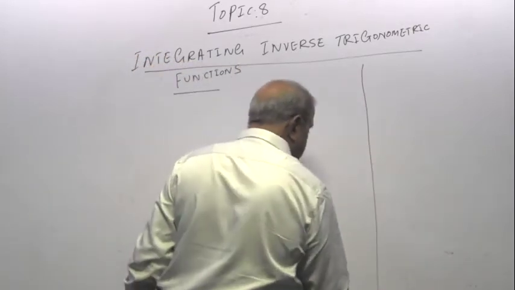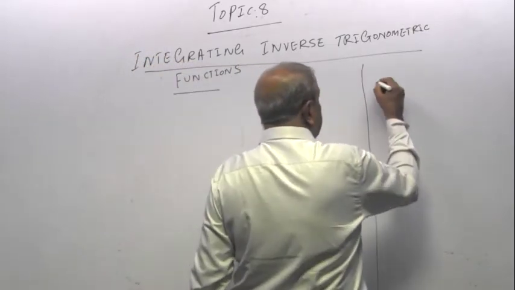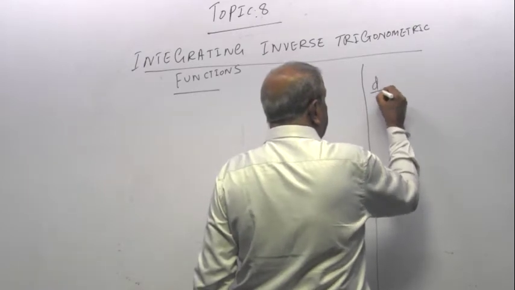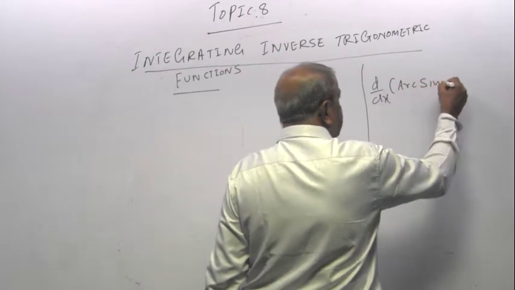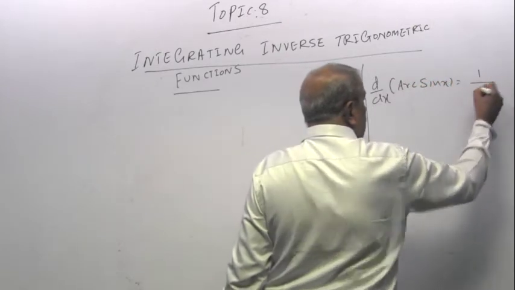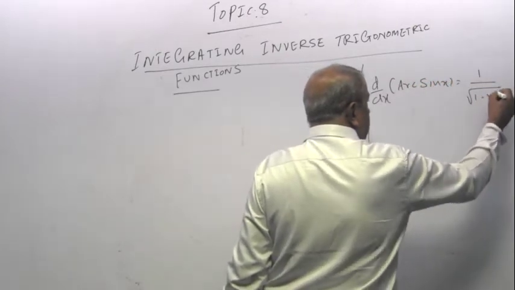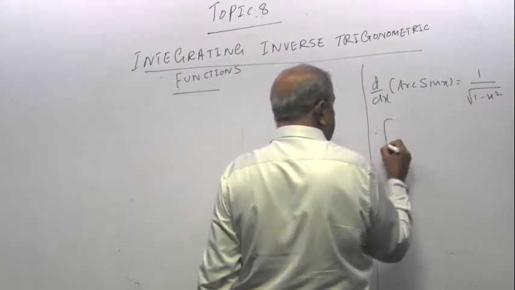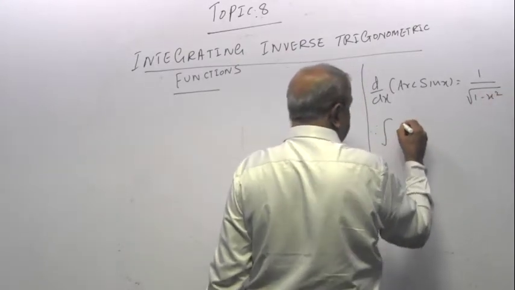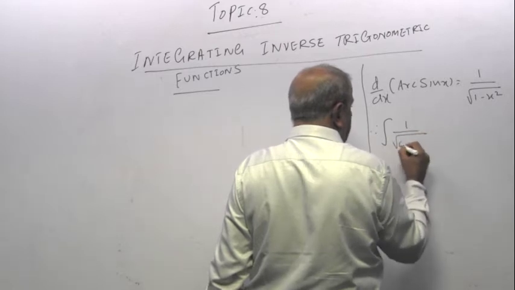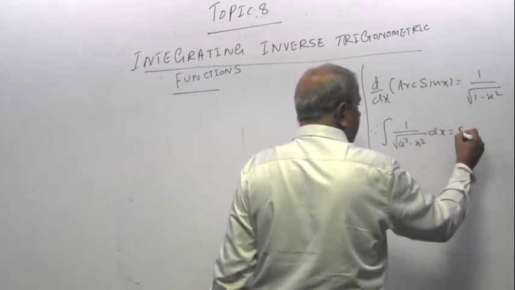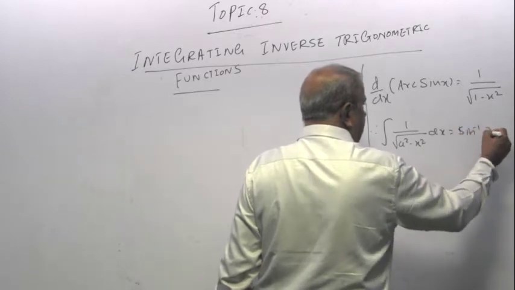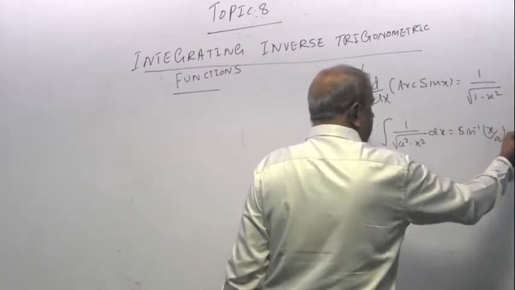d by dx of arc sin x is 1 over root 1 minus x squared. Therefore, the integral of 1 over root a squared minus x squared dx is sine inverse x over a plus c.